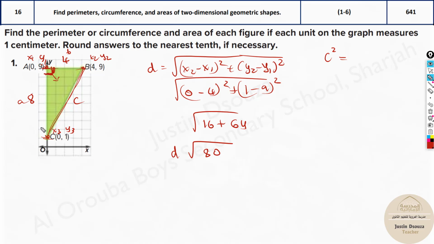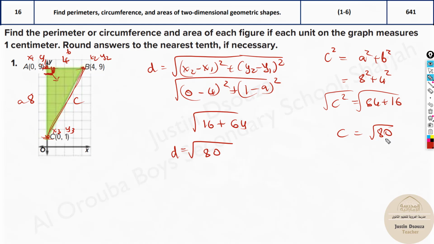I'll write the formula first: a squared plus b squared equals c squared. So here it would be 8 squared plus 4 squared, which is 64 plus 16 equals c squared. You need to take the square root on both sides, and you will get c equal to the square root of 80. It should be the same because it is 90 degrees here. It's up to you, whichever way you choose.